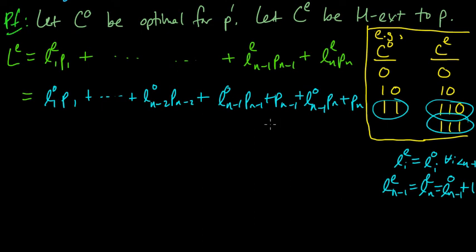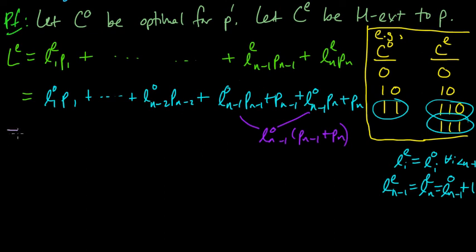Not quite, I guess, so we have one more step here. Oh yeah, so we're all good. This is l_{n-1} right here, and this is l_{n-1} right here. So when we combine those, this plus this is going to be l_{n-1} times p_{n-1} plus p_n.